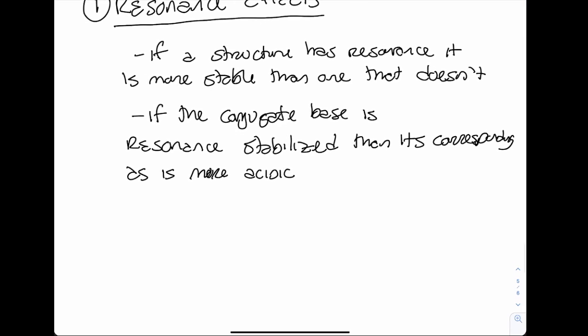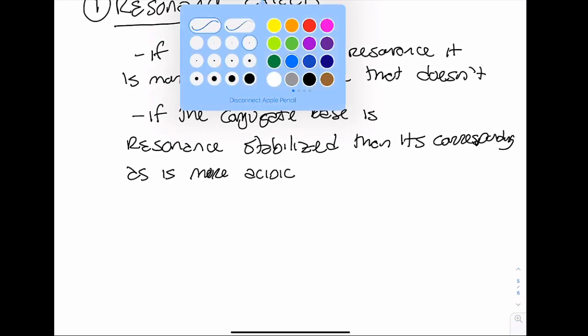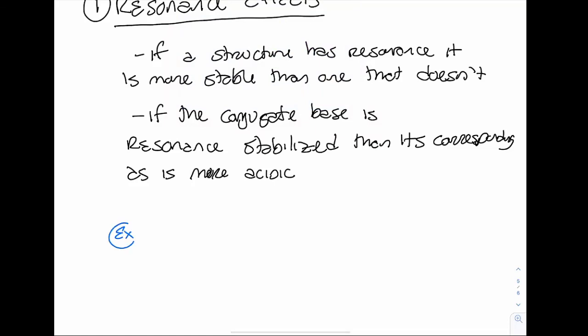So if I was to compare this acid, this is acetic acid, its functional group is a carboxylic acid, and we'll talk about those in chapter 3, functional groups. And this is an alcohol.